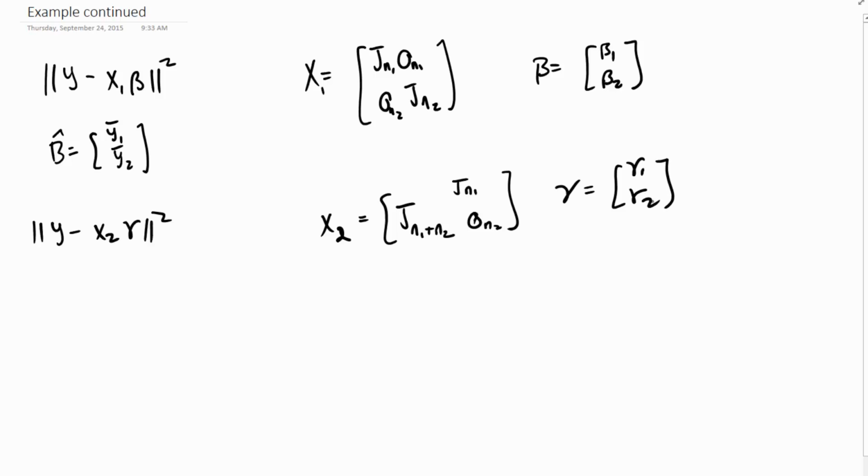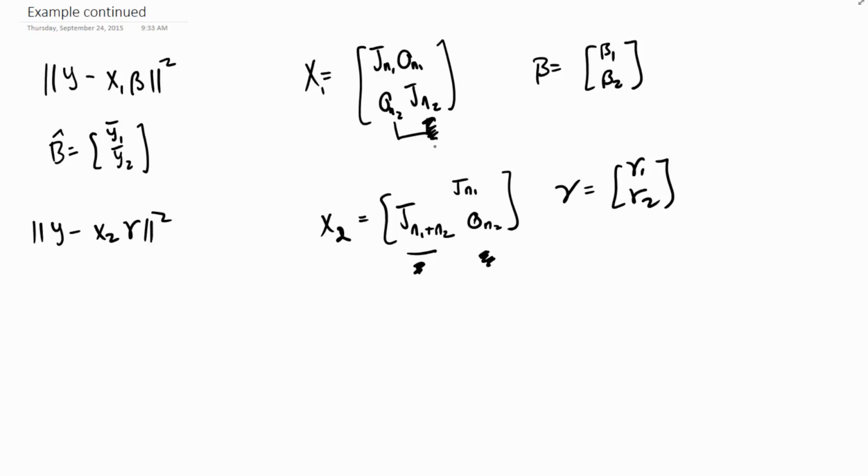Now notice, if I add these two columns, I get this column right here. And similarly, if I take this column and subtract this one, then I get the second column here. So what we see is that x1 and x2 have an identical column space.